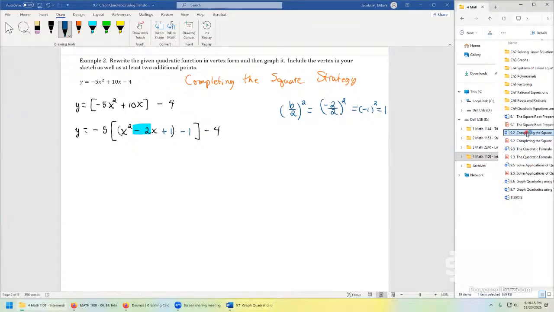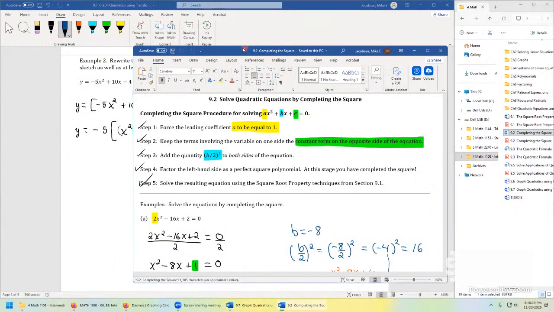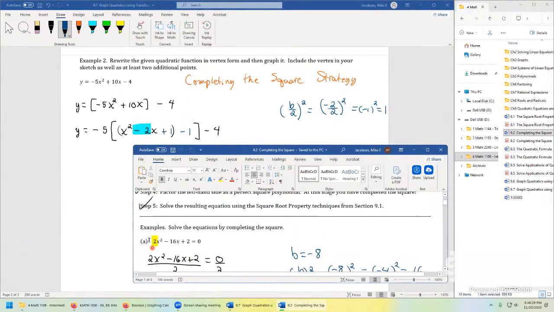Just to take a look at how we did it back in section 9.2, let's take a look at this and compare methods. Let's get this window to behave. There we go. So the idea was we didn't like having a leading coefficient like -5, so that's why we factored it out. Over here, we had 0 on one side, so it was a little more forgiving.